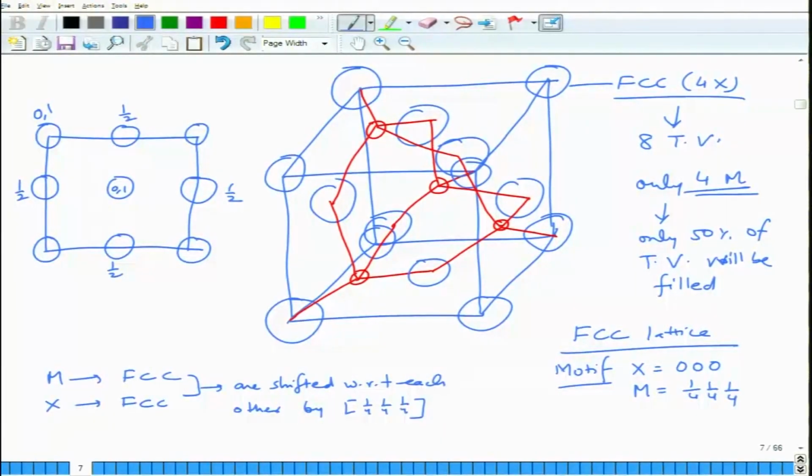Okay. Where is the other atom going to go? So, one is going to go here, another is going to go here, one is going to go here, another is going to go here. This is at 1/4, this is at 1/4, this is at 3/4. Okay. Very similar to the diamond cubic lattice that we have. All right. So, this is the second cubic close packed structure, which is called the zinc sulfide based structure.